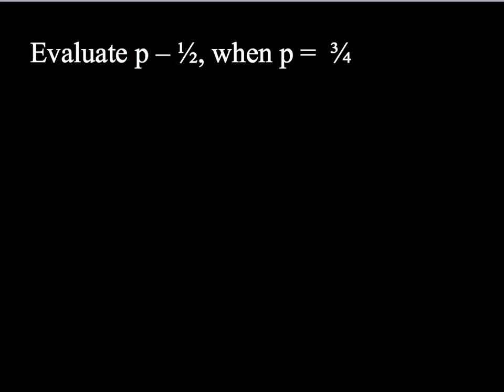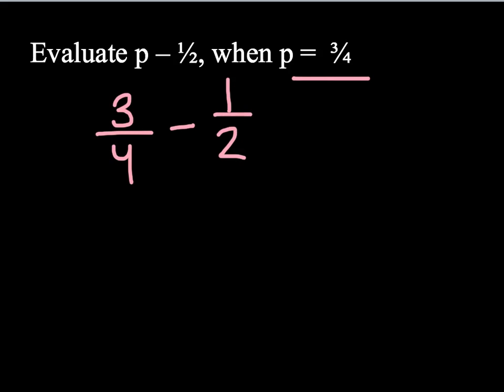Let's try another example. Evaluate p minus 1/2 when p equals 3/4. We substitute 3/4 in for p since we see p equals 3/4, and we get 3/4 minus 1/2. This is an excellent time to review how to add and subtract fractions.